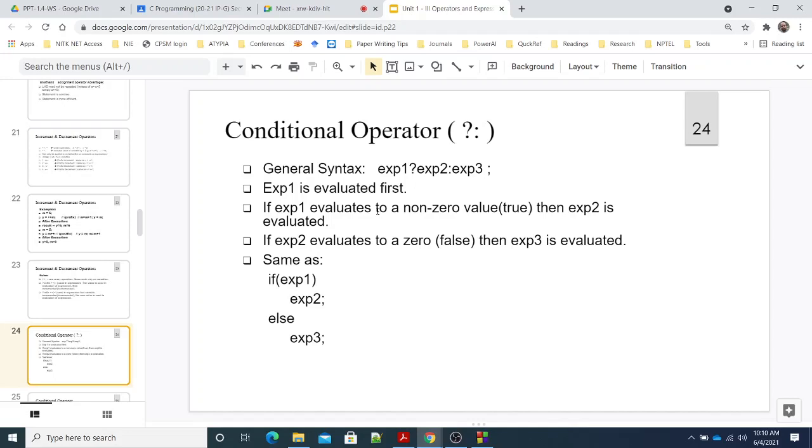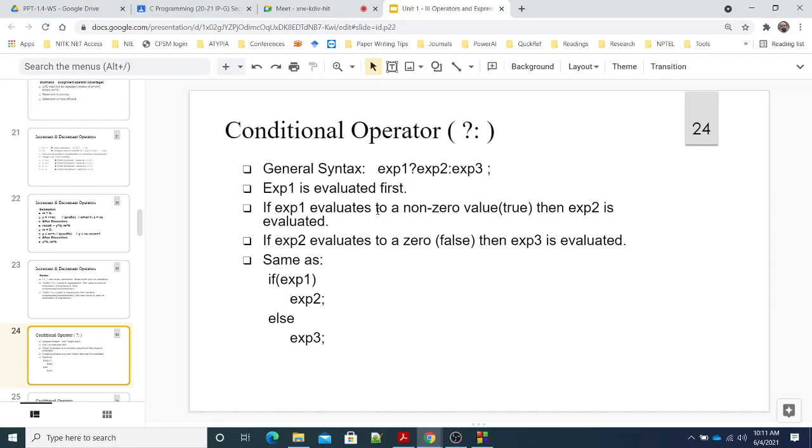The logical not operator is a unary operator, because all these have only one operand. Then binary operators had two operands, say addition, left variable, right variable, a plus b. a and b are two operands, because of that we call them binary operators. The conditional operator is a ternary operator. Ternary operator means three operands are there.